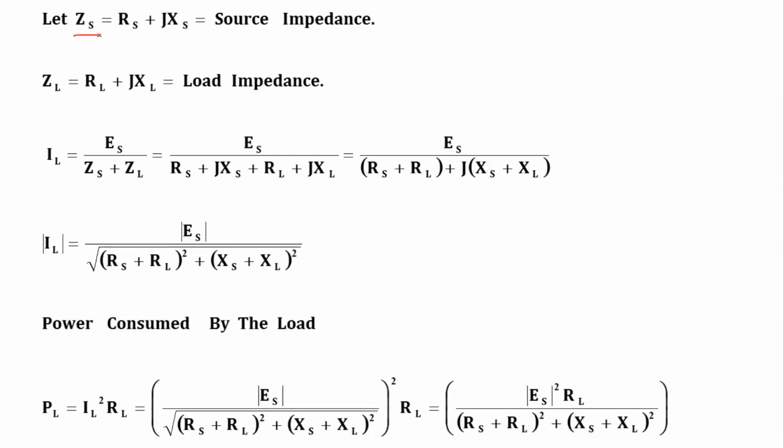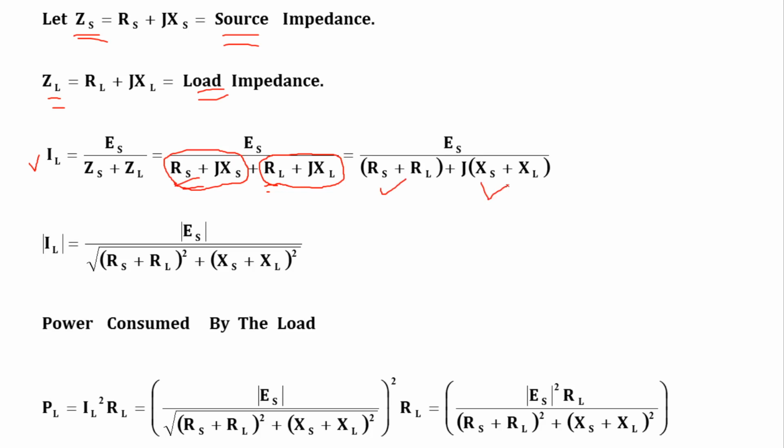ZS is the source impedance, ZL is the load impedance, and current is equal to ES upon ZS plus ZL. We will put ZS equal to RS plus jXS and ZL equal to RL plus jXL. So we will keep the real part RS plus RL and the imaginary part XS plus XL.